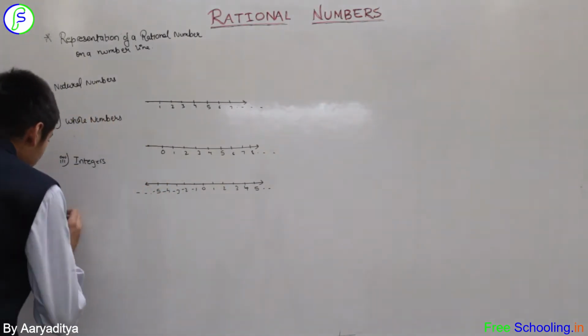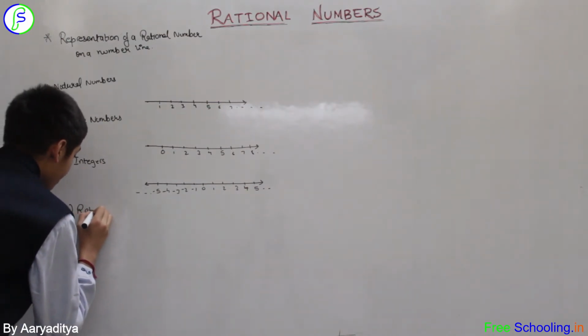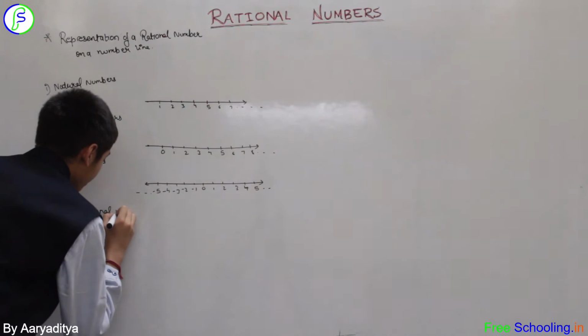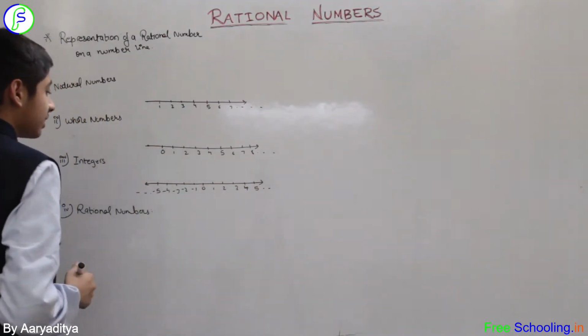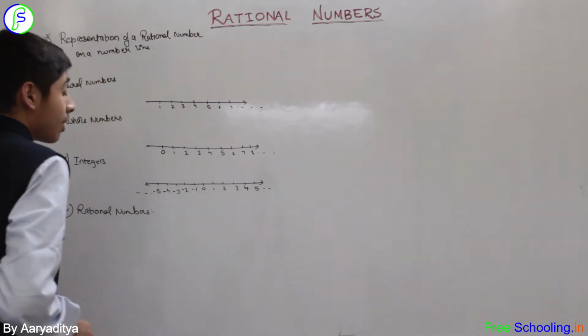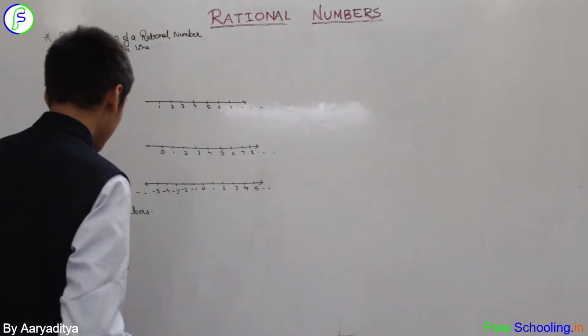And for rational numbers, I have already told you. In rational numbers, we also include the fractions as well as the decimals that are present between any two numbers and are on the number line.